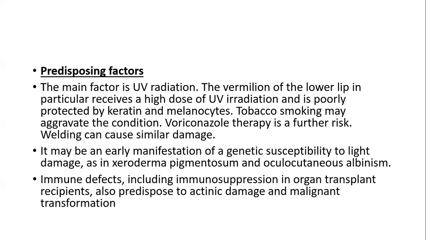Welding can cause similar damage, so persons involved in this profession are particularly at risk. It may be an early manifestation of genetic susceptibility to light damage, like in xeroderma pigmentosum or oculocutaneous albinism. Immune defects, including immunosuppression in organ transplant recipients, also predispose to actinic damage and malignant transformation.